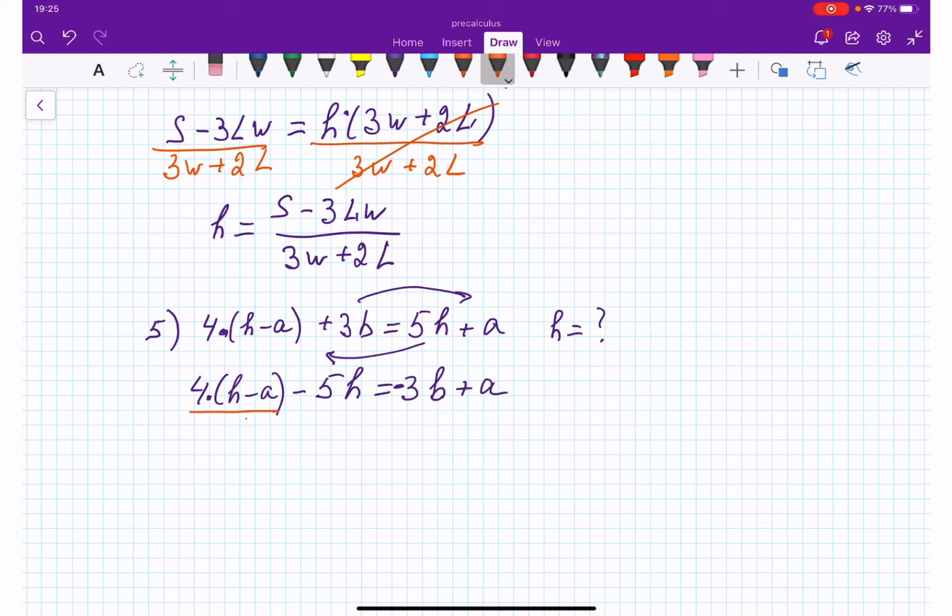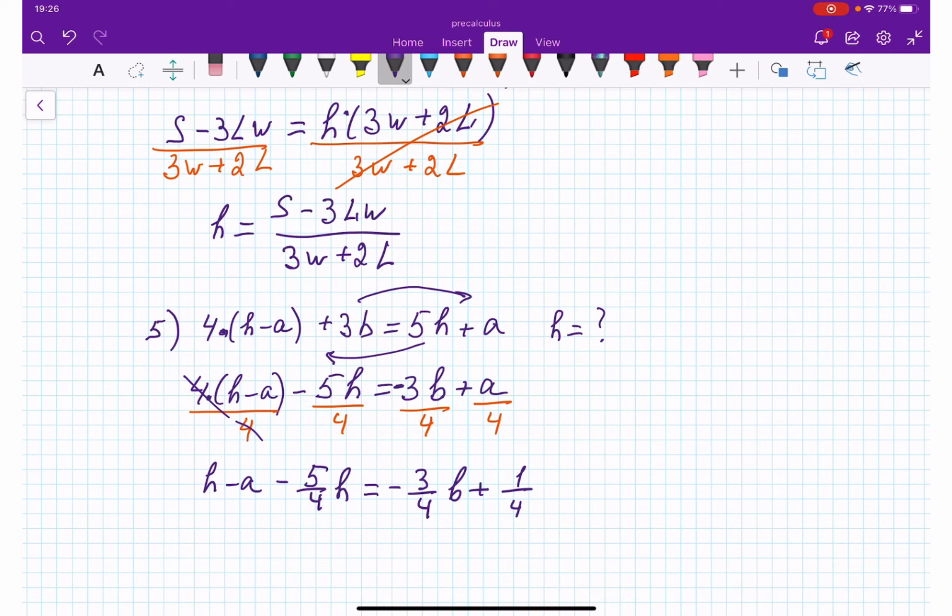So divide this by 4, divide this by 4, divide this by 4, and divide this by 4. And I'm getting, this is gone, and I have h minus a minus 5 over 4 h equal negative 3/4 of B and plus 1/4 of A.